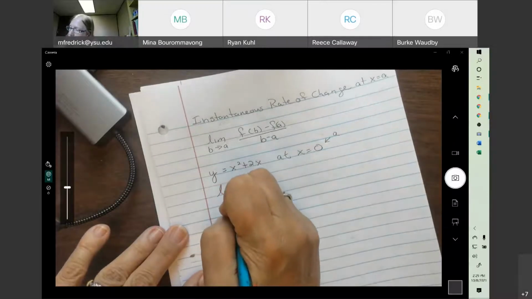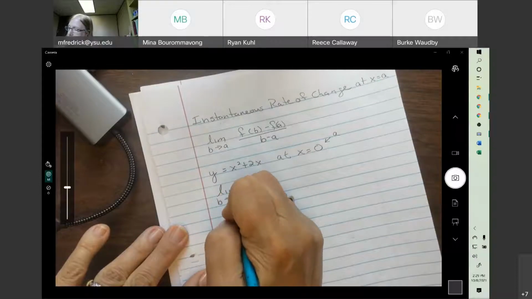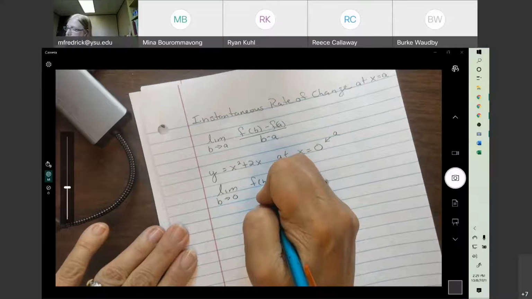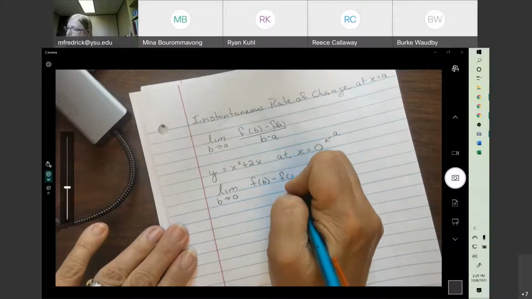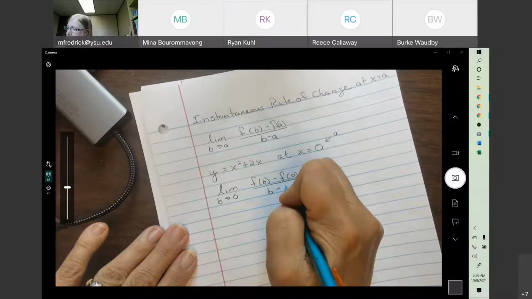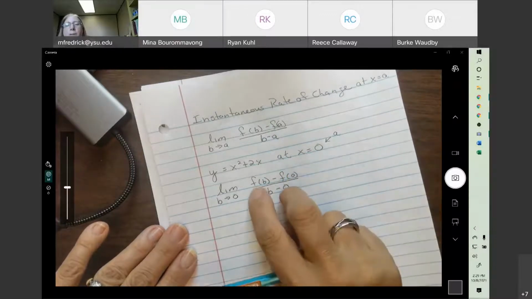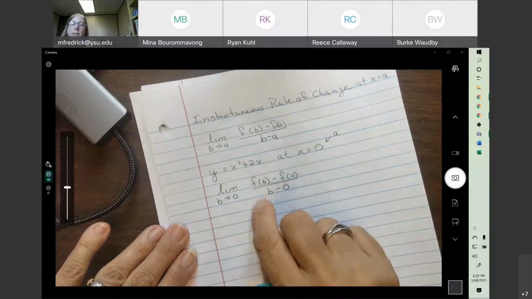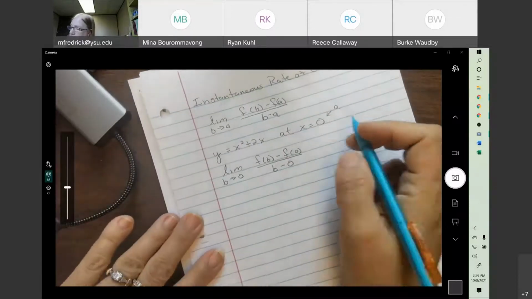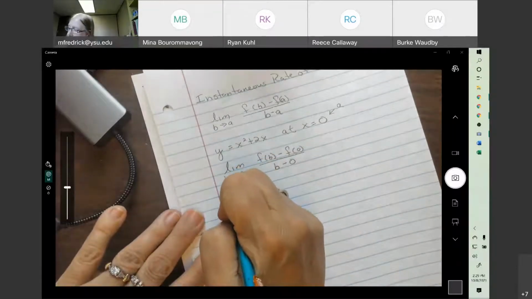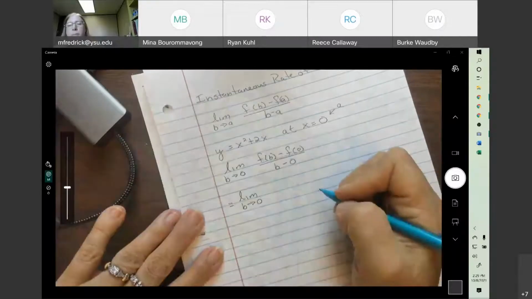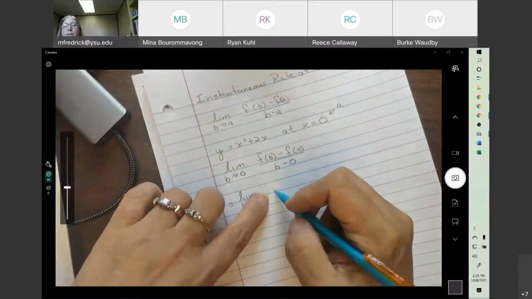The limit as b approaches 0, f of b minus f of 0 over b minus 0. Now, if you wanted to plug in right here, you could. You don't have to write this part. You could skip it and go to the next. We could start with this step.